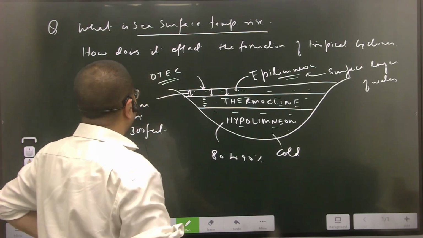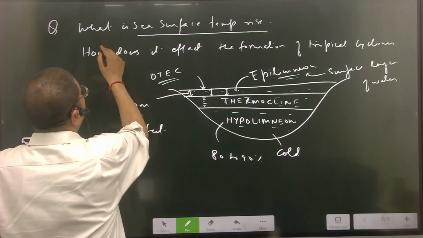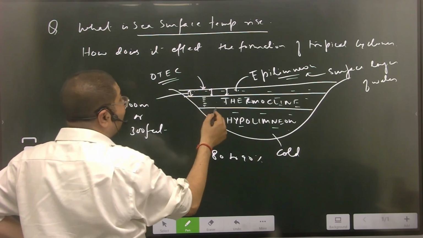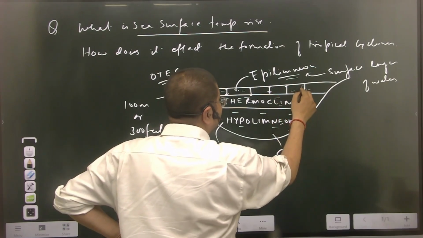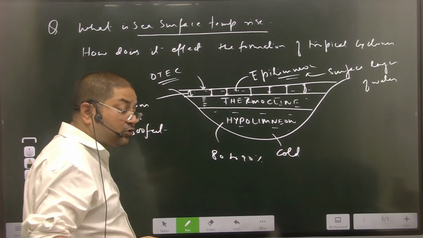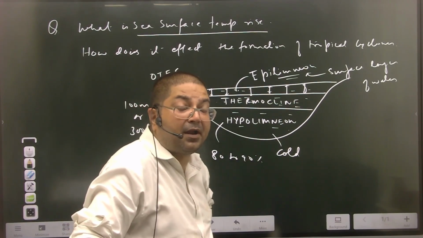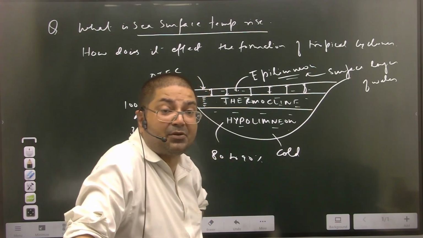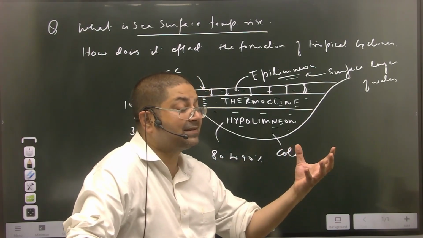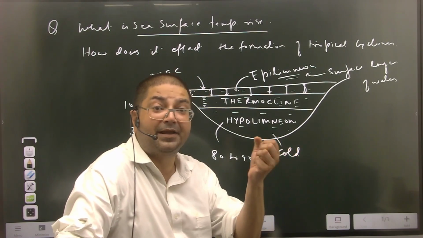अब तो what are the causes? Why does the sea surface temperature rise? Here the most important cause is burning of fossil fuels, which is leading to release of greenhouse gases in the atmosphere. These greenhouse gases have huge potential to absorb heat.